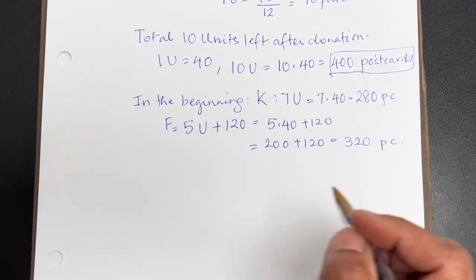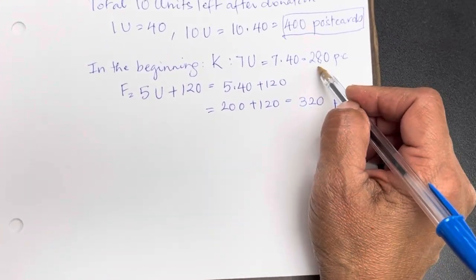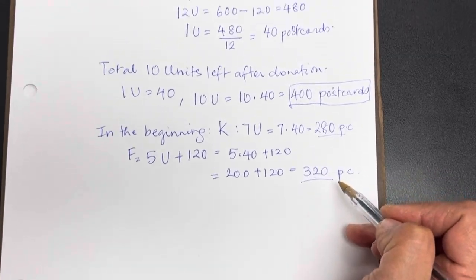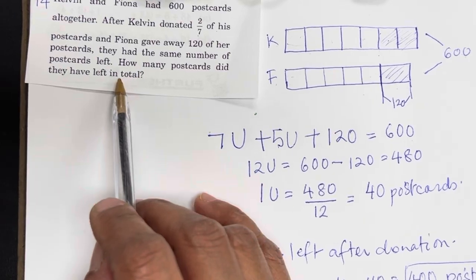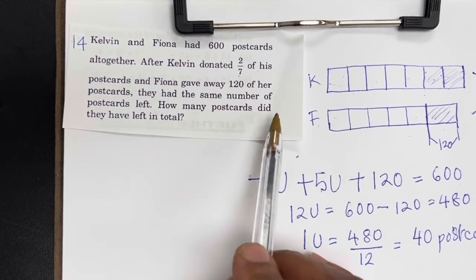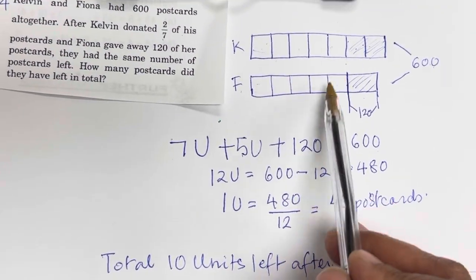That's our final answer. Okay, and then we just verified if it calculates to the right amounts in the beginning, and we verified that it does. So our answer is the total number of postcards left behind that they have total is equal to 400 postcards, which are 10 units.